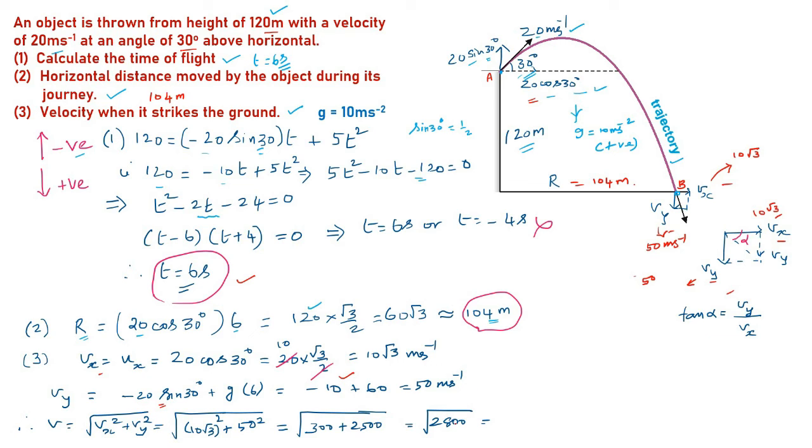The square root of 2800, you can write 2800 as 400 into 7. That 400 square root will be 20, which you can bring out. So 20 root 7. I repeat, 2800 is 400 into 7, 400 you bring outside the square root, that will be 20, then root 7. This is the net velocity. Then we have to find the angle alpha.